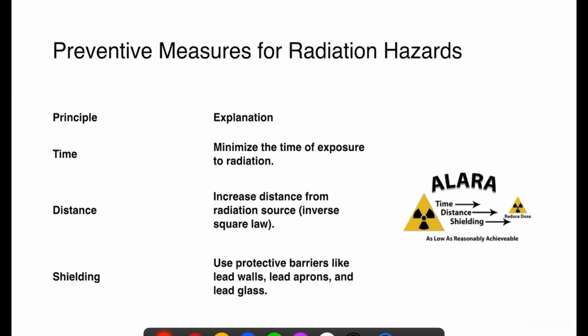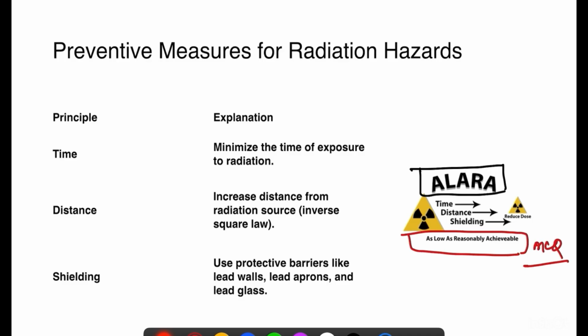Now we will see various measures which are taken for the prevention of radiation hazards. For this, we must remember the ALARA principle, and the full form is as low as reasonably achievable. This is very important, comes in MCQ. It takes three things into consideration: time, distance, and shielding. In time, we have to minimize the time of exposure to radiation to decrease its hazard.